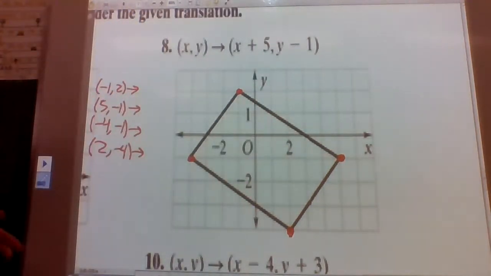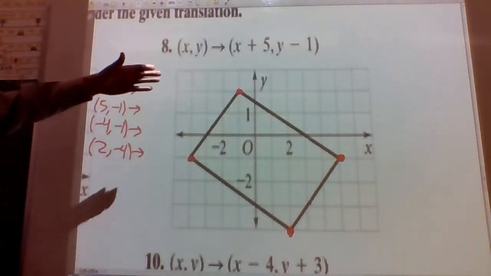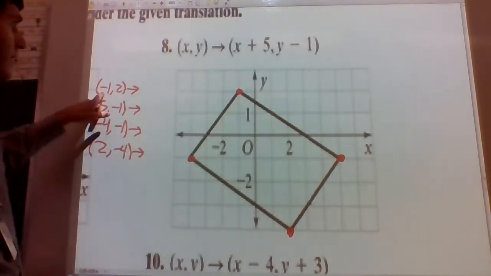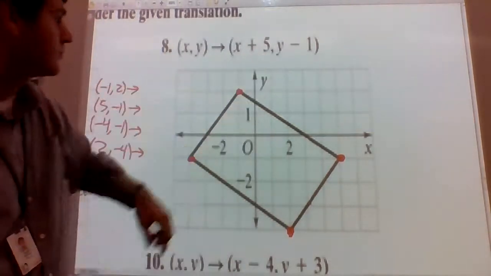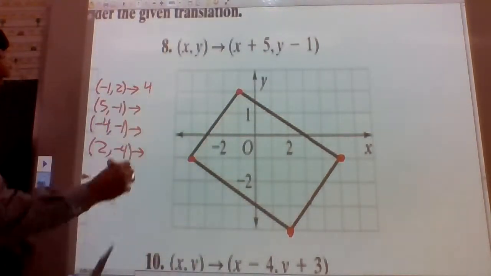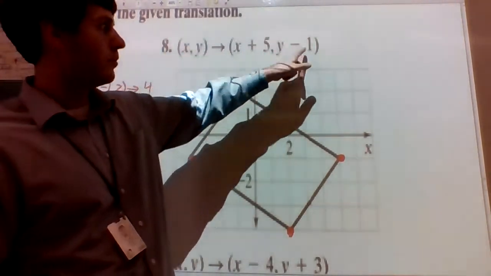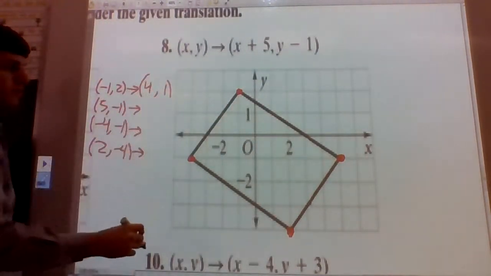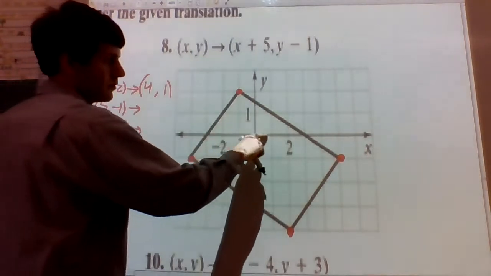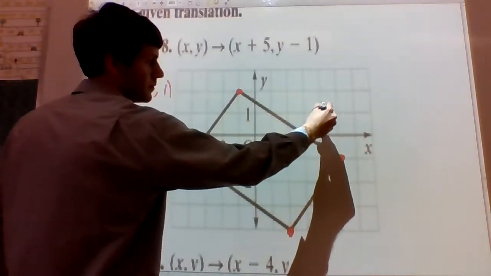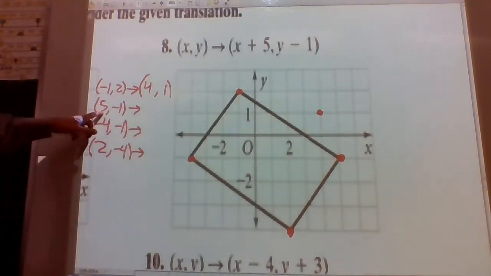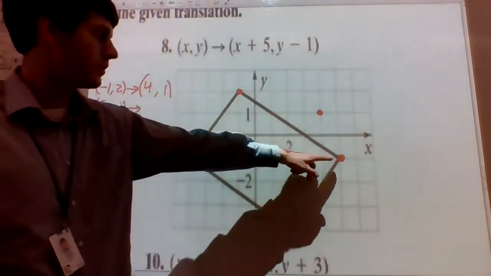Okay. So we can put these all into the equations, or we can count them. If we put them into the equation, -1 plus 5 gives us 4. 2 minus 1 gives us a 1. So we should have a point at 4, 1. Okay. 5, -1 is this one.